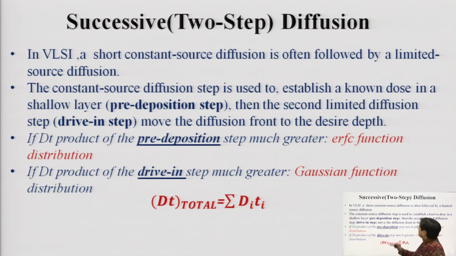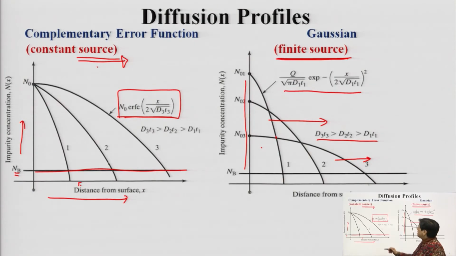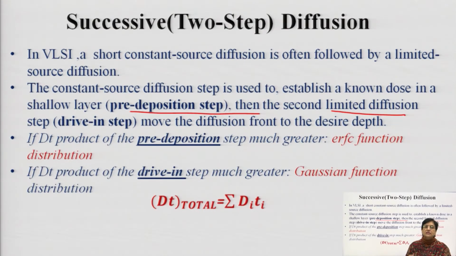We also call it pre-deposition, and then we perform the limited source or finite source diffusion, which is called drive-in. Initially we perform this kind of diffusion where we get a complementary error function profile, and then we ensure that the penetration depth is enough, and the dopant species are further driven inside the bulk.